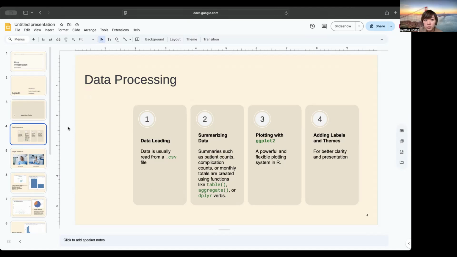Some of them are also plotted with ggplot2, a powerful and flexible plotting system in R. And lastly, I am adding labels and themes to better clarify the presentation and visualize overall.